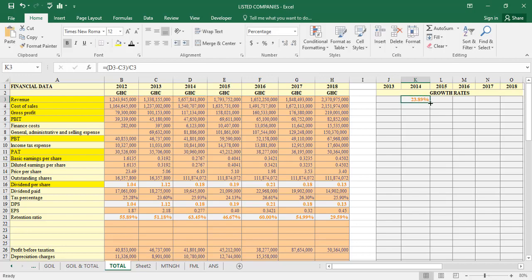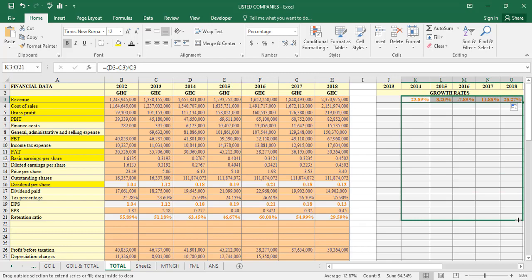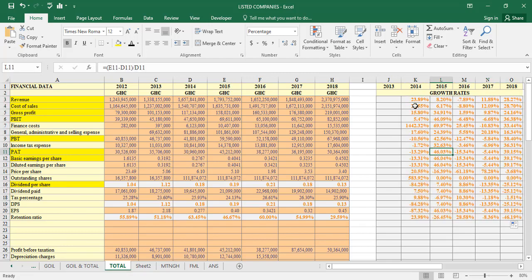That is how the calculation is done for the growth rate. So we will drag it down here and take out those that we are so much interested in. Let's go straight to the point by looking at the growth rates for revenue, for the cost of sales, and for the gross profit.